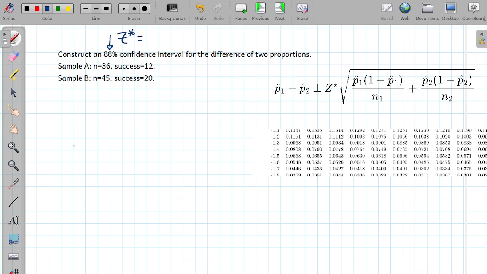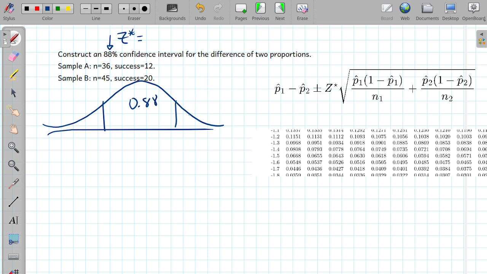Okay, let's understand what it is we're hunting for. Confidence intervals deal with the center. So if this is 88%, 0.88, we have 12% unaccounted for, which means I need 0.06 here and 0.06 here. Here's just an excerpt from the Z table.